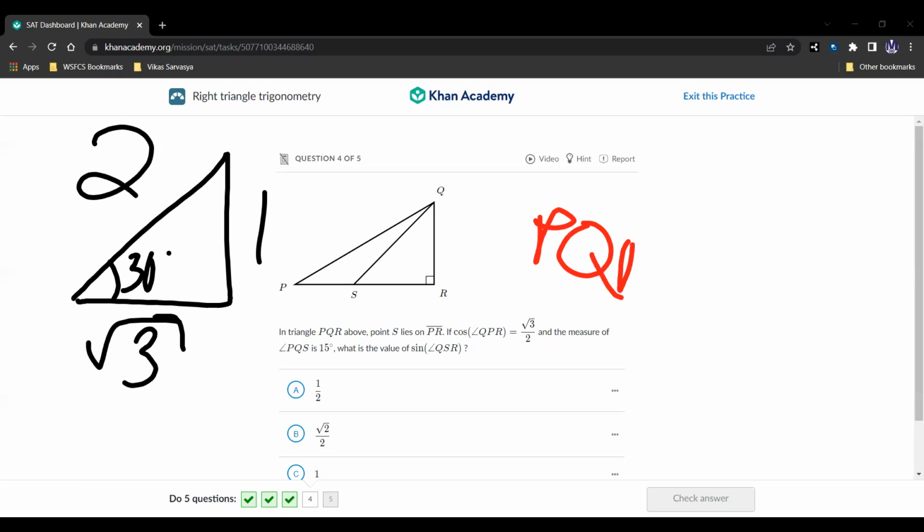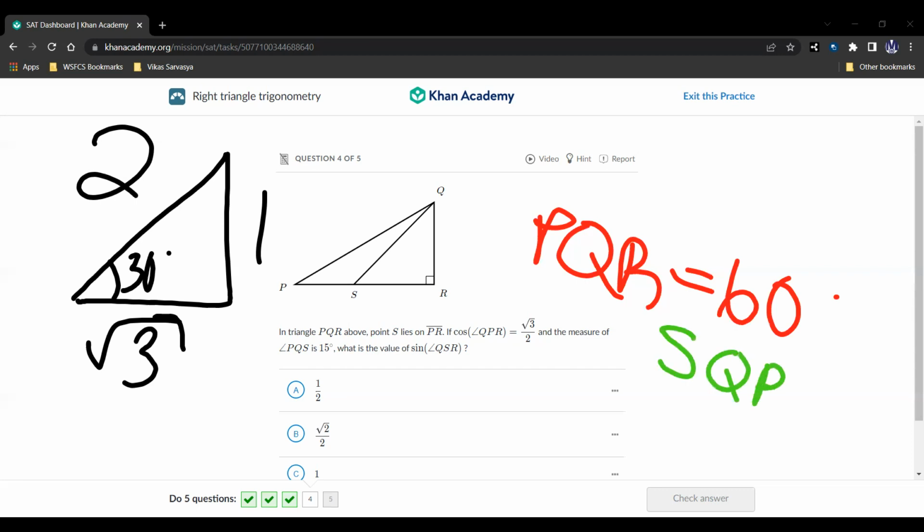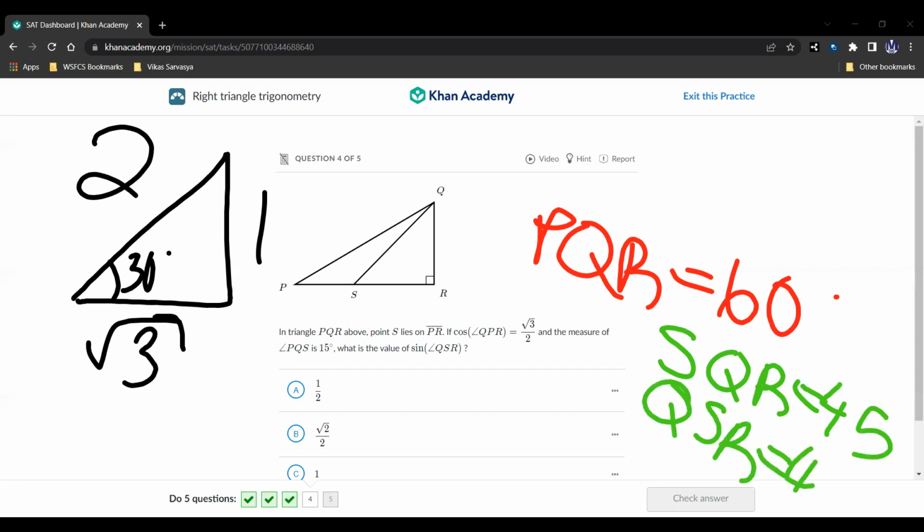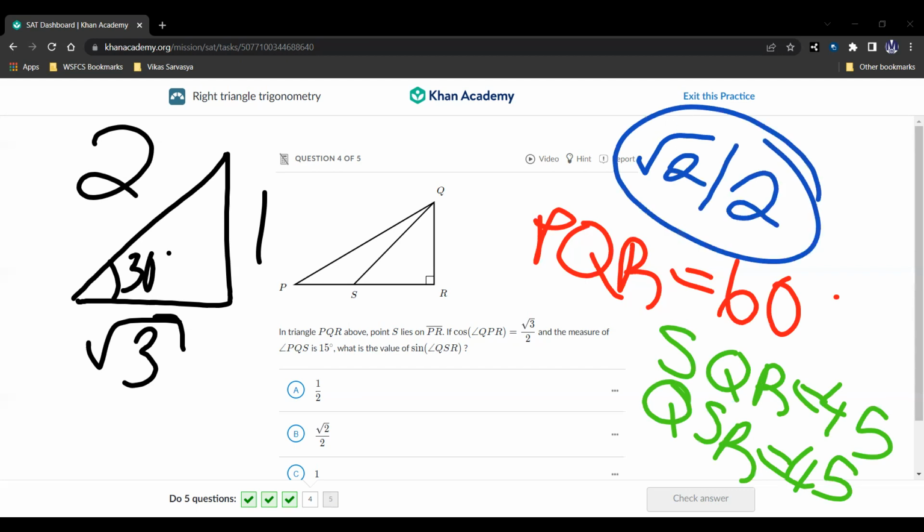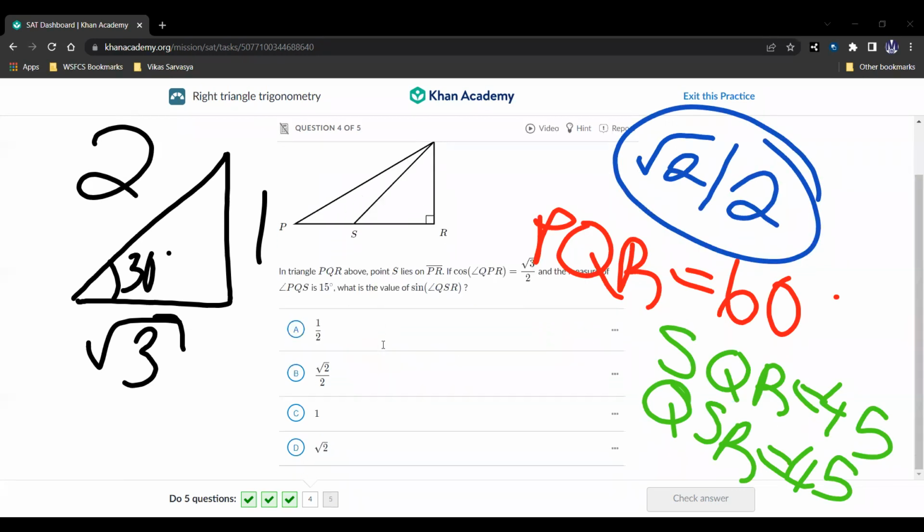PQR is going to be 60 degrees, and since PQS is 15 degrees, that means that SQR is going to be 45 degrees, and QSR is also 45 degrees. The sine of 45 degrees is going to be 1 over the square root of 2, or root 2 over 2. So that's our answer, and we see that this is answer choice B, and we can move on to the next question.